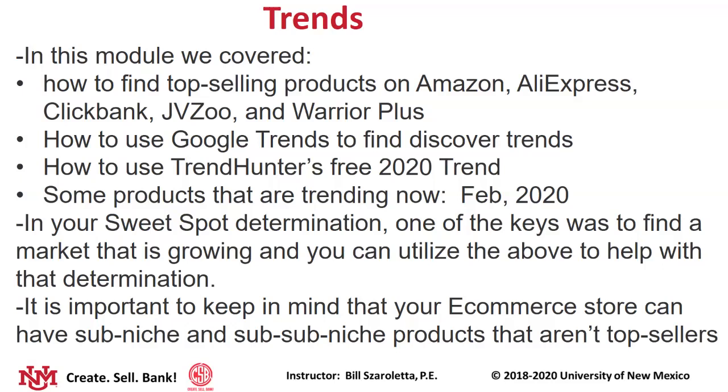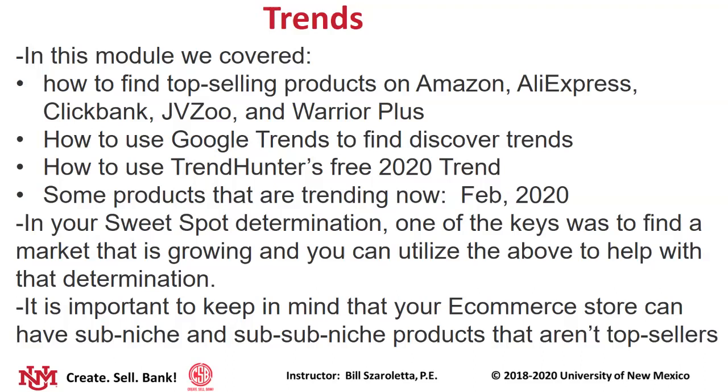We looked at how to use Trend Hunter's free 2020 trend tool. Some products that are trending now in February of 2020. And, in your sweet spot determination, one of the keys is really to find a market that's growing, and you can utilize the above to help with that determination.